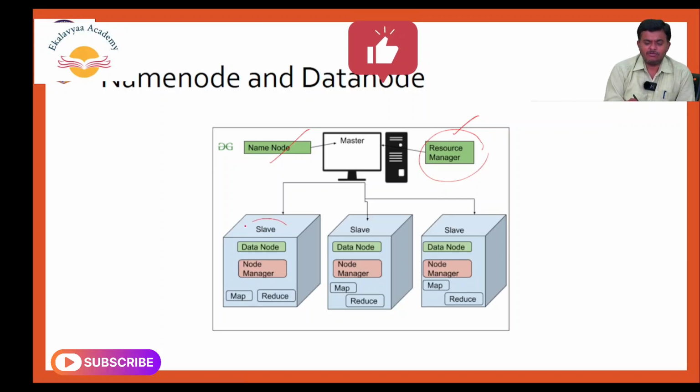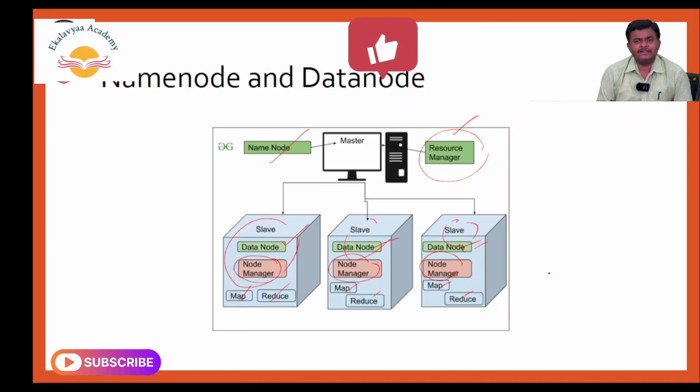We'll have slave 1, 2, and 3 here, called data nodes, which have an internal node manager that controls the node manager of that particular data node. In each slave, MapReduce programs will be there, and they will process the data based on the client request.